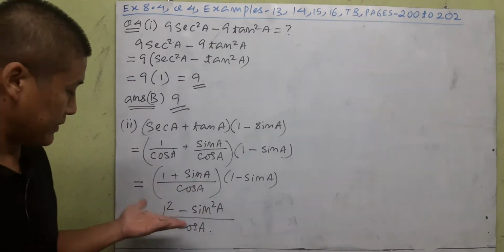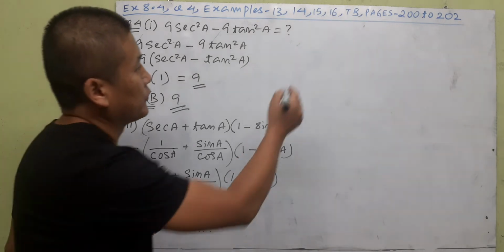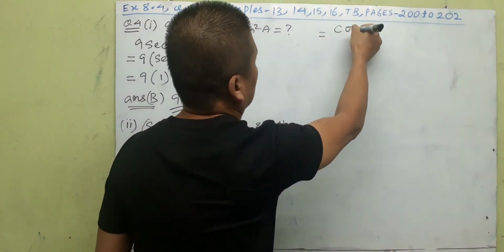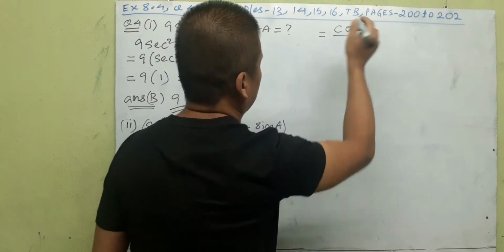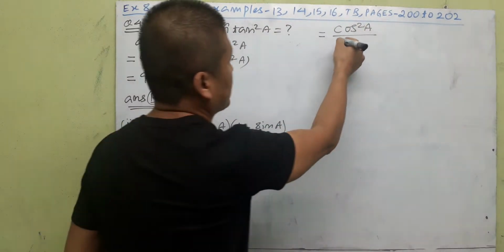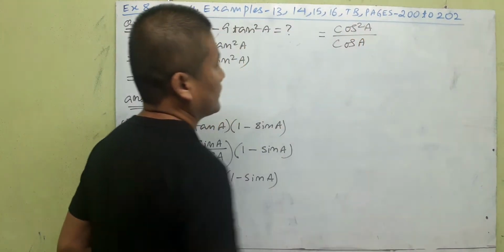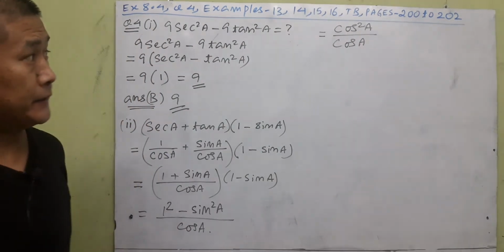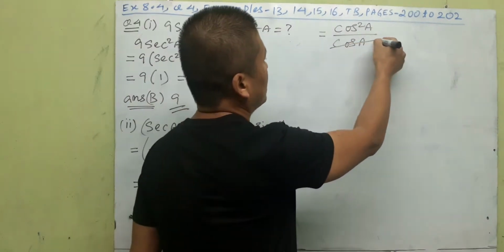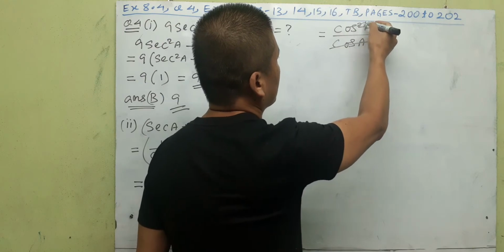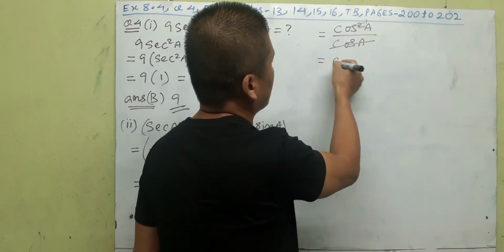Then 1 square is simply 1, so 1 minus sine square a, we know the formula is cos square a, divided by cos a. Then cos a to the power 1 is gone, since 2 minus 1 is 1, so it is left with simply cos a.